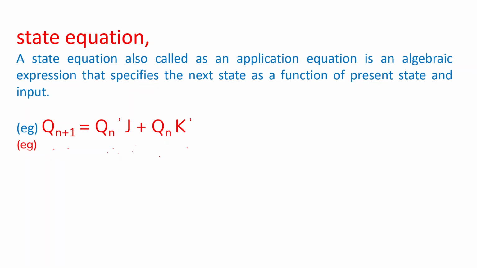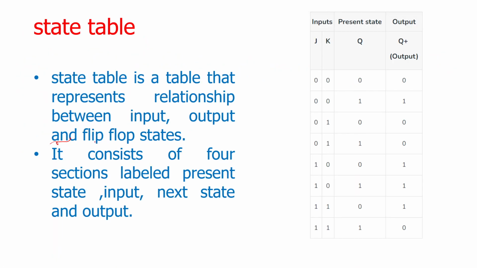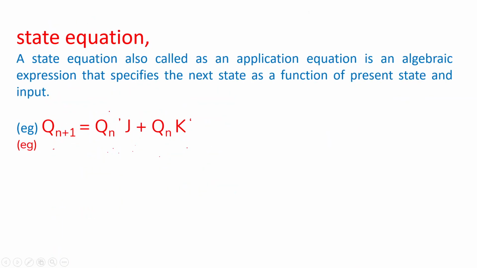If we are using a JK flip-flop in a sequential circuit, then this will be the state equation. So the state equation gives the algebraic expression for the next state in terms of the present state and flip-flop inputs.